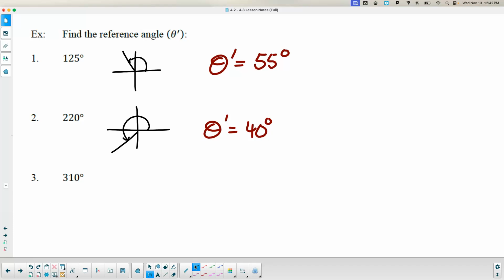And 310 is there, which means my reference angle is going to be 50 degrees.